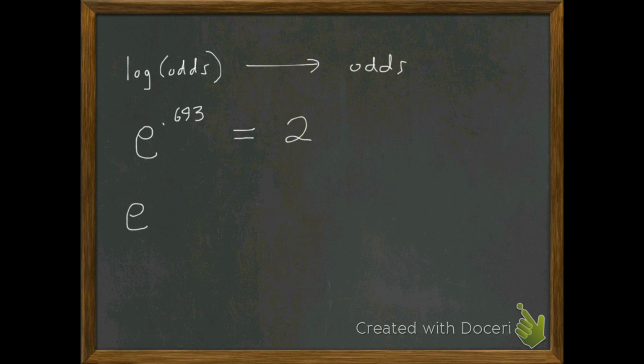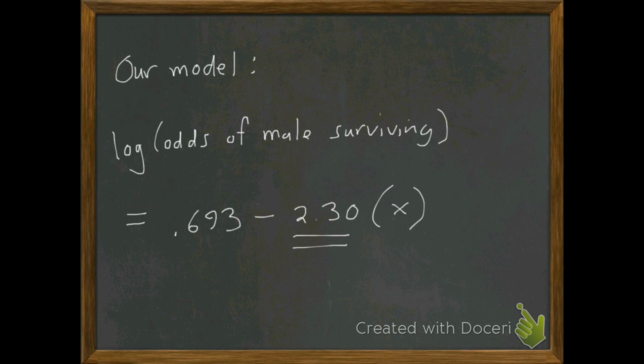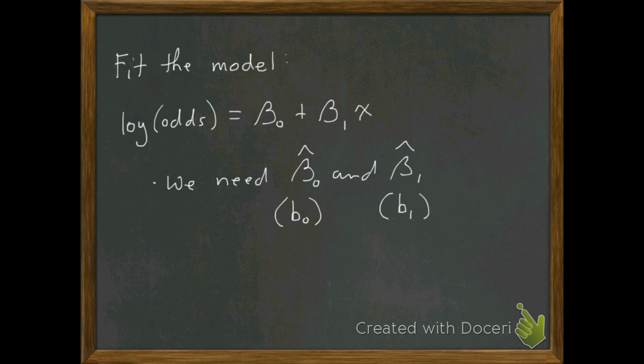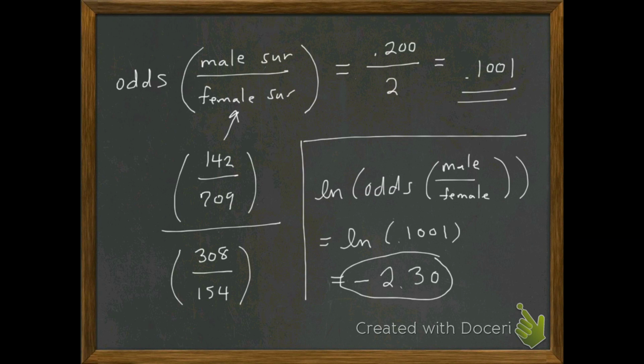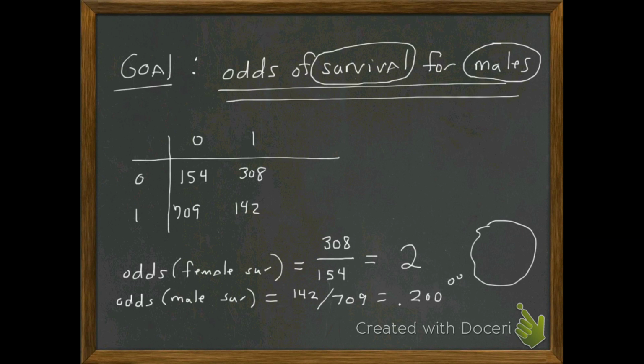If I take e to the negative 2.301, what do I get? Wow. I get 0.1001. Now, have we seen those values before? 2 and 0.1001. Yes, we sure have. And we saw those right there, and we saw it right there.